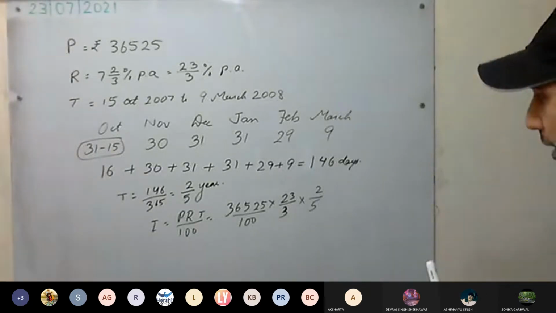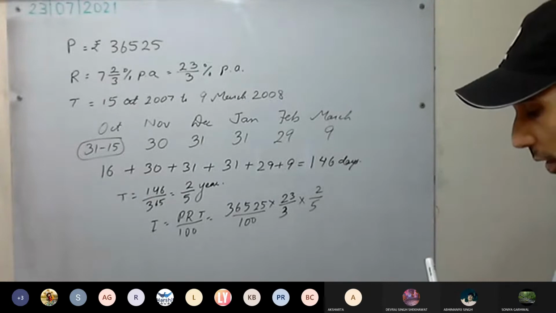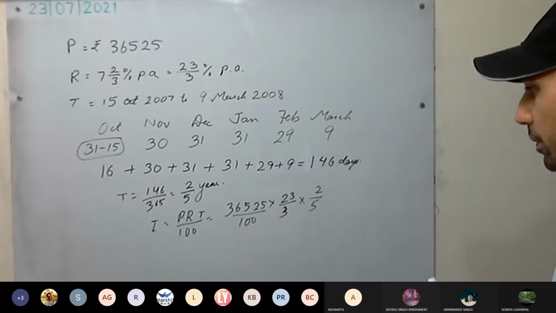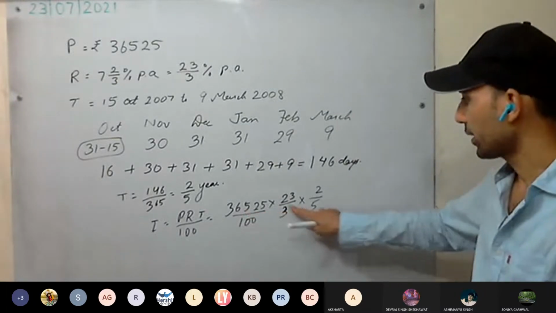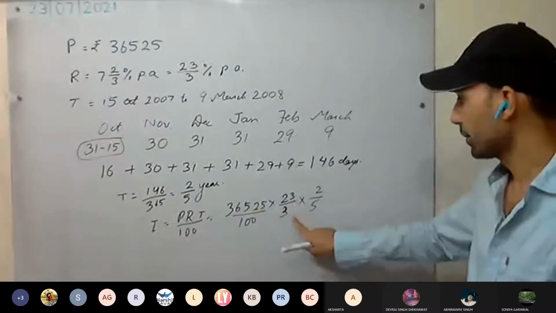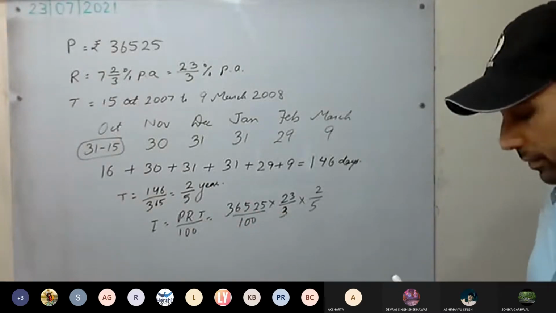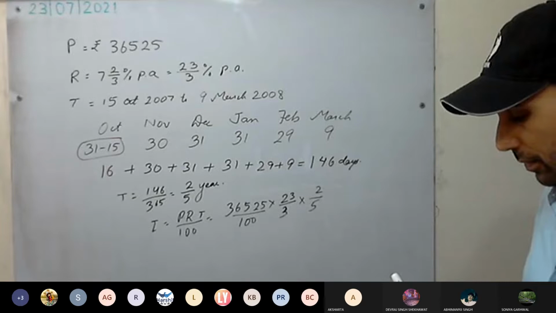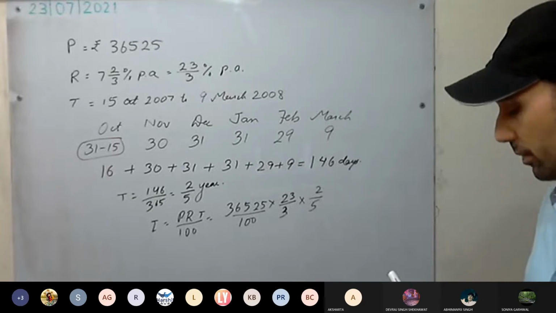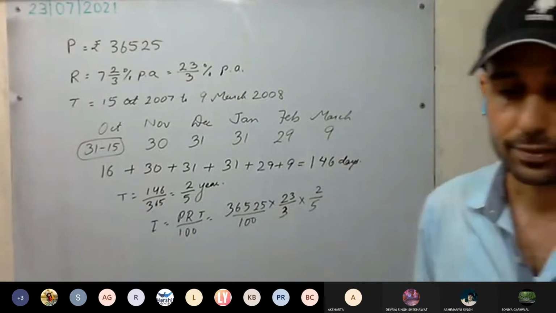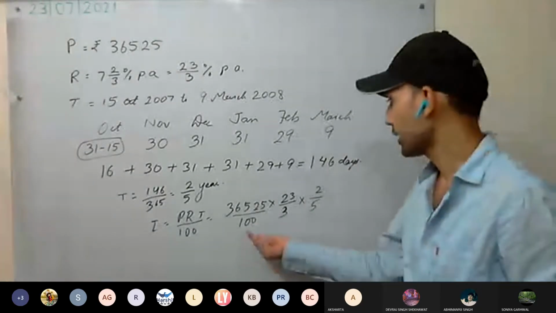Everyone calculate it. 36,525 is divisible by 3 as well as 5. Cancel them. Leave 100 as such. Calculate and tell me the interest.